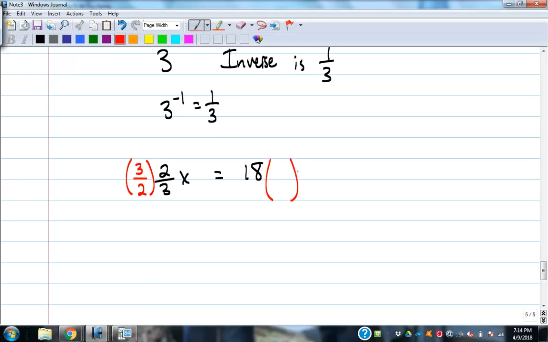The multiplicative inverse is what its real name is. We called it the reciprocal, which is a synonym for multiplicative inverse. With matrices, what happens over here on the left side with the 3/2 times the 2/3? What's that turn into? It cancels out and becomes 1x, right? So with a matrix, if you multiply a matrix times its own inverse, it's going to cancel it out.